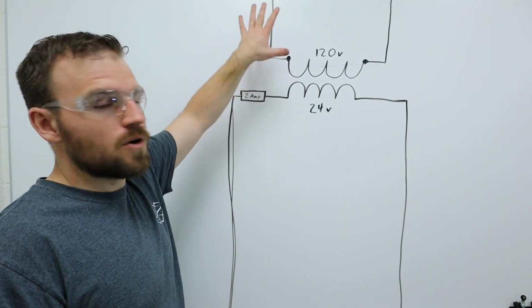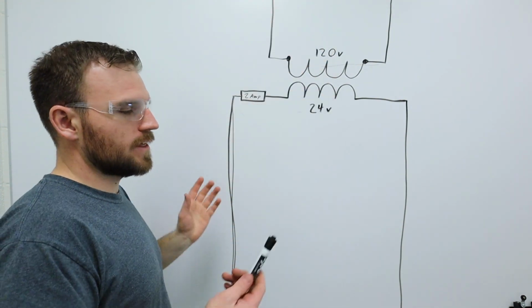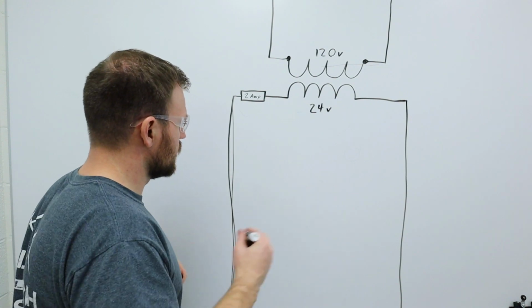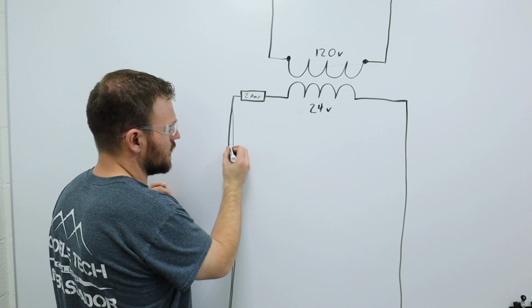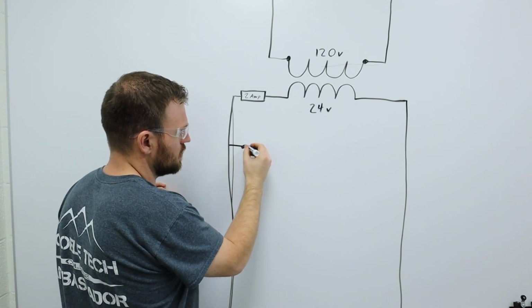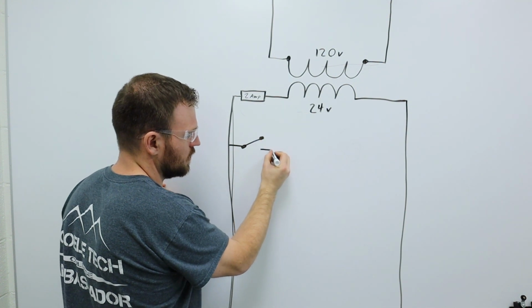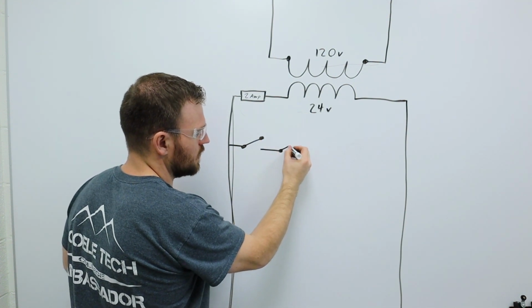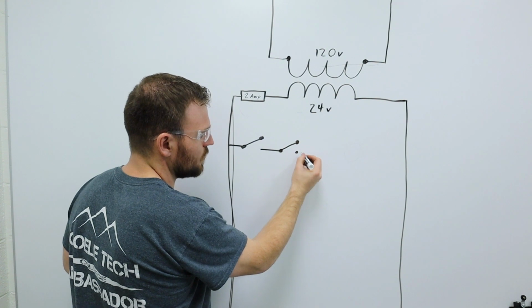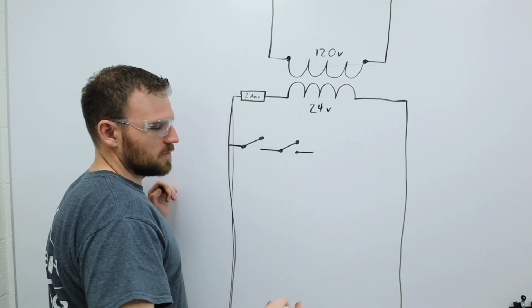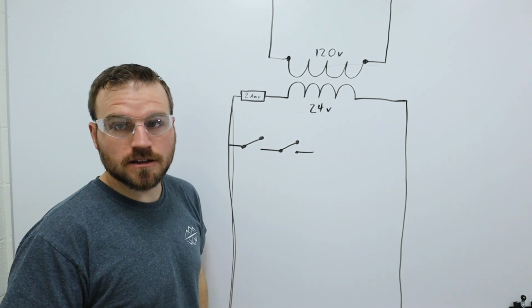Now I'm not going to go over the transformer, breakers, anything like that, because we already know how to do that. But the circuit will come over and it'll be one switch and another switch that will have to be tripped to turn on something. I want a light and an alarm to come on.